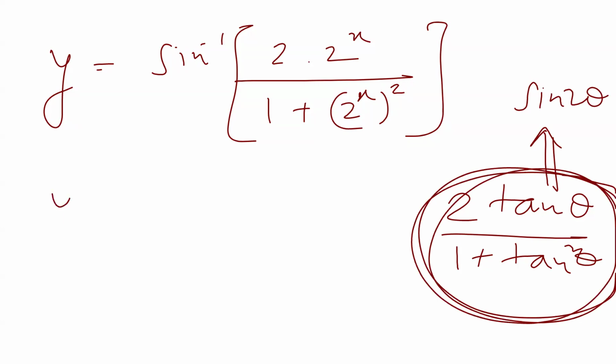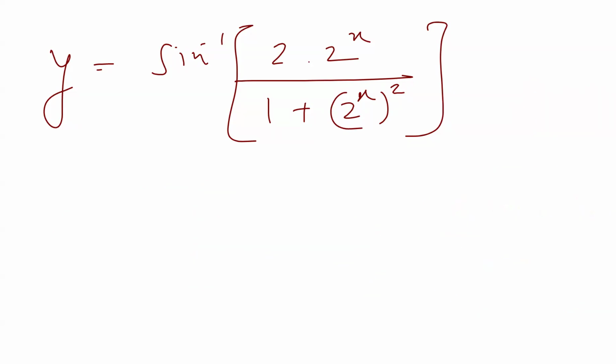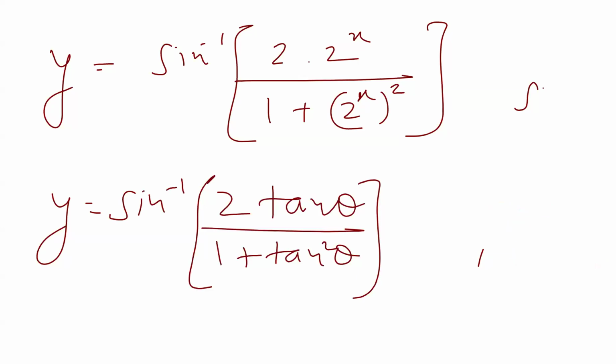So y is equal to sine inverse of 2 tan theta upon 1 plus tan square theta. What we are doing is putting 2 raised to x as tan theta. Let 2 raised to x is equal to tan theta. We cannot put sine or cos over here because it will not follow any pattern. If we put tan, we get this pattern of half angle.